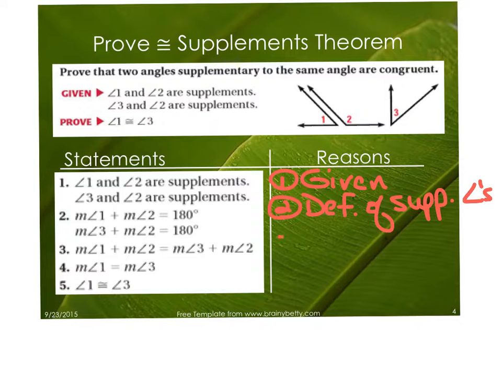And statement 3, what did they do there? How did they modify step 2 and make it into step 3? Jason? They substituted the measured angle 3 plus the measured angle 2 for angle 1. Beautiful. Substitution.